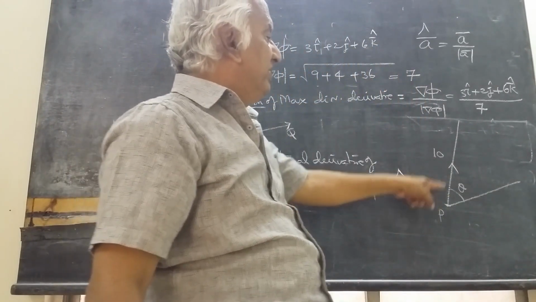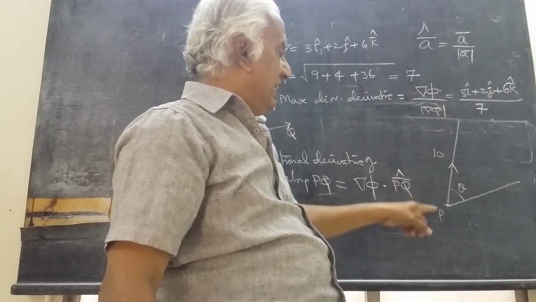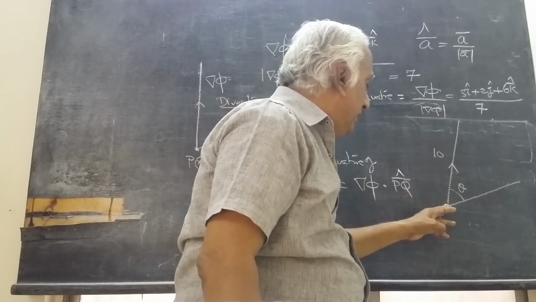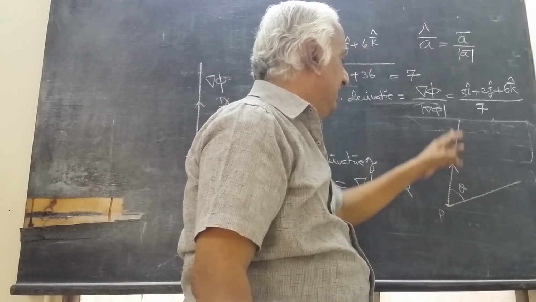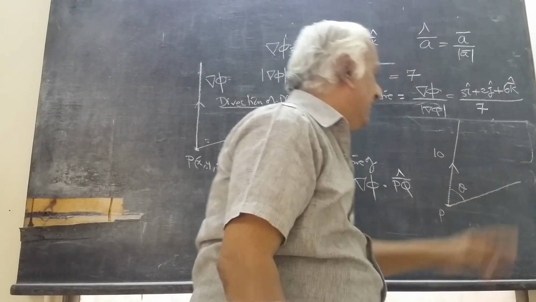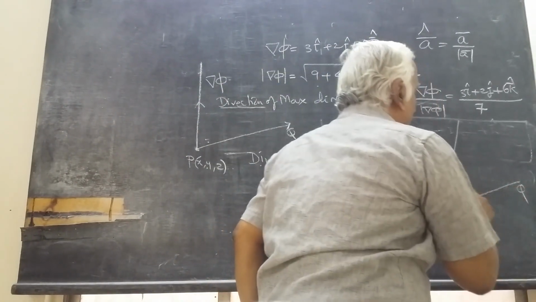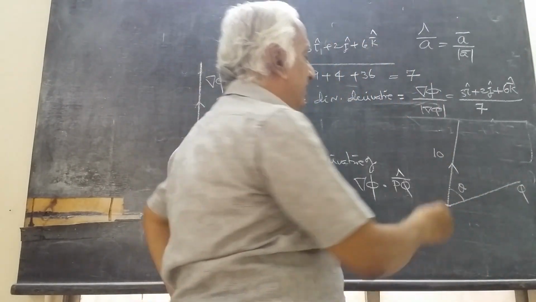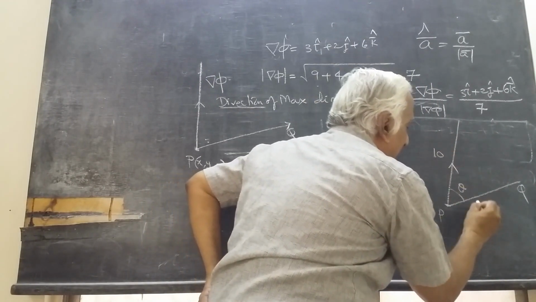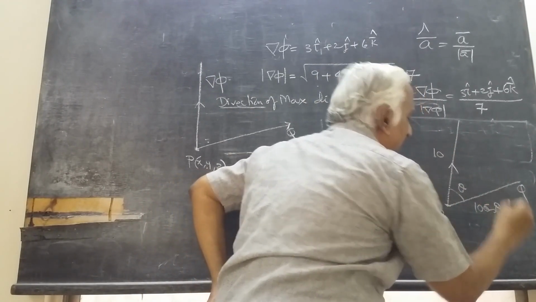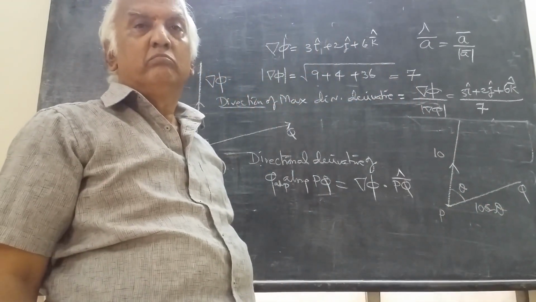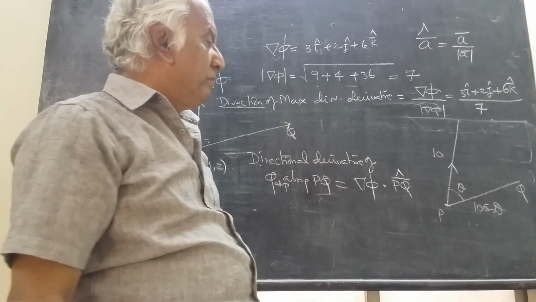What is the effect of this force of 10 kg acting at the point P in the direction PQ, making an angle theta? It is 10 cos theta. You would have studied this. 10 cos theta.